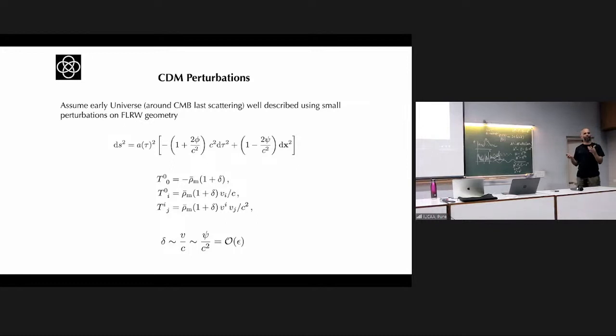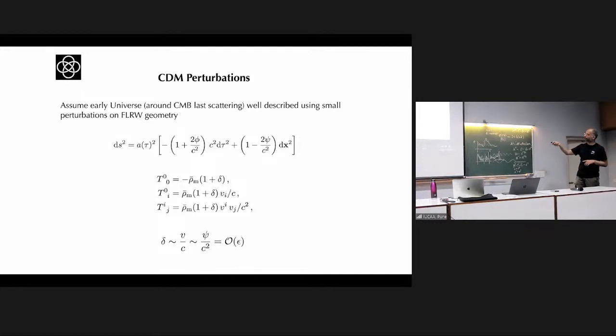But now my energy momentum tensor should also describe velocities, because my dark matter is now not part of a homogeneous and isotropic system. It has small inhomogeneities. So fluid elements of dark matter in local positions will have some motion relative to each other, which is not the same as the cosmic motion of these fundamental observers who maintain a constant x. So I have some velocity perturbations as well, which I have to keep track of.